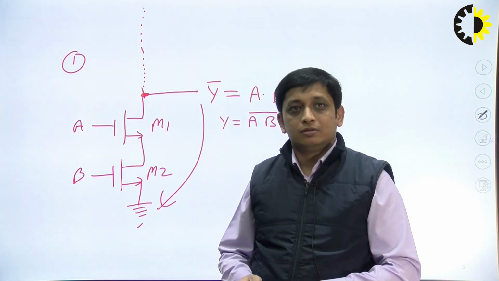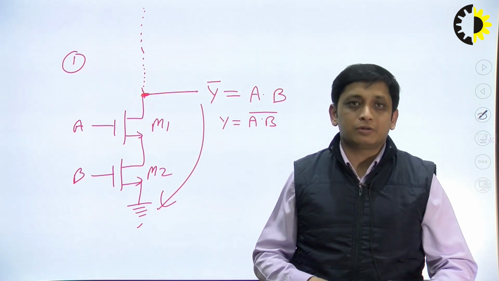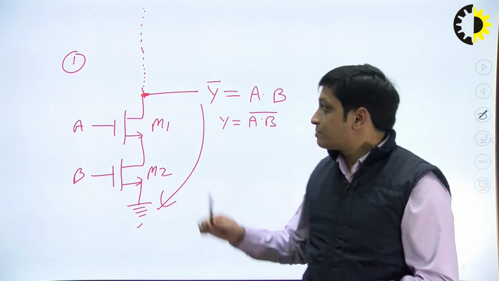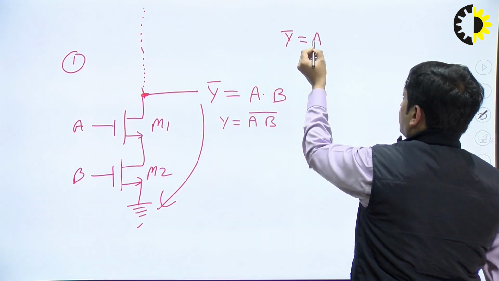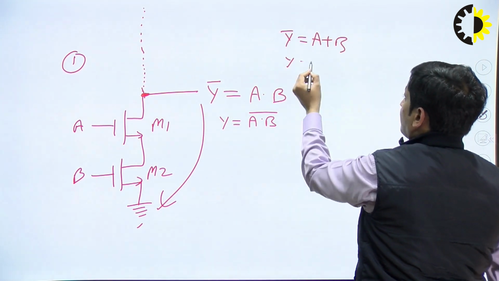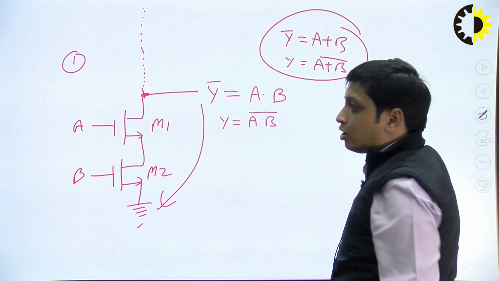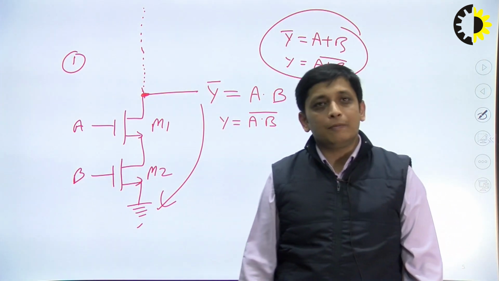and when NMOS transistors are in parallel, that is case 2. Similarly, you can find that when NMOS transistors are in parallel, Y bar will be equal to A plus B, so Y will be equal to A plus B whole bar. So if there is an OR operation with the bar, then NMOS will be in parallel.